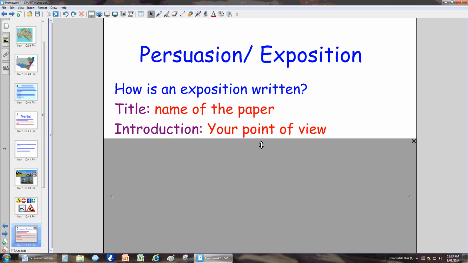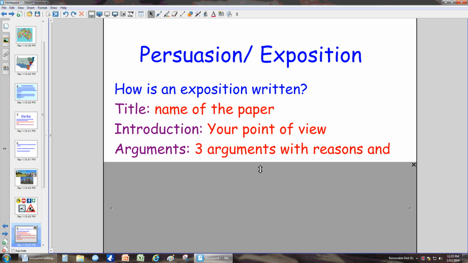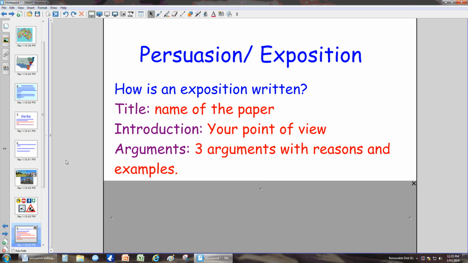The second part is our introduction. It is your point of view and a statement about both arguments. The next part is where your arguments are. You need three arguments with reasons and examples.